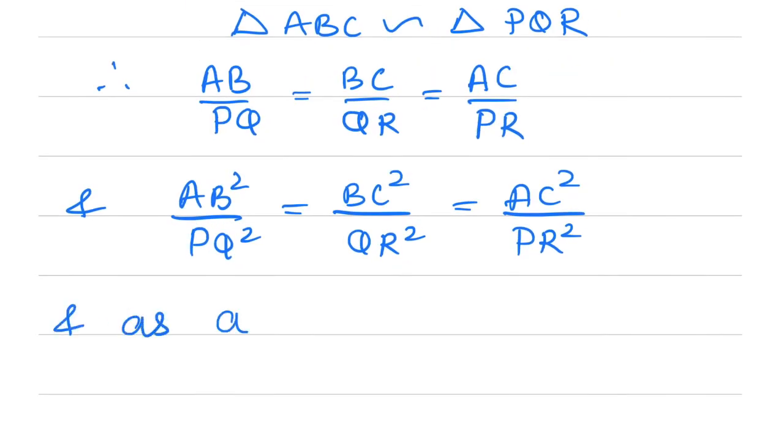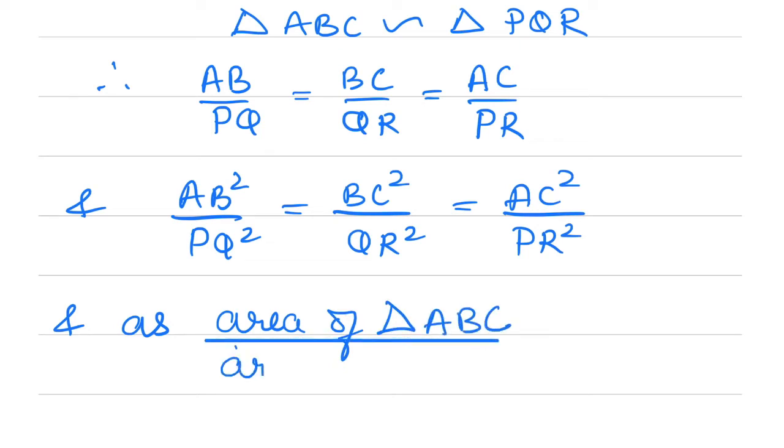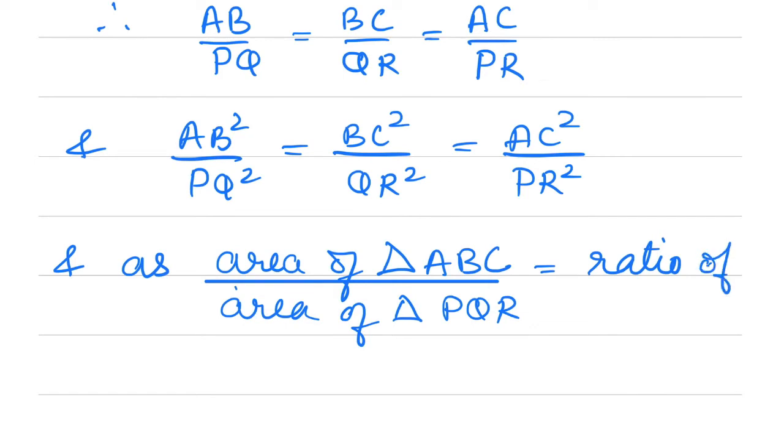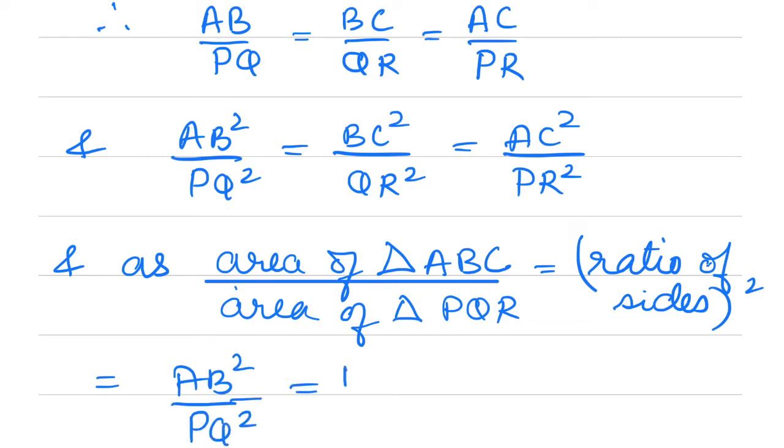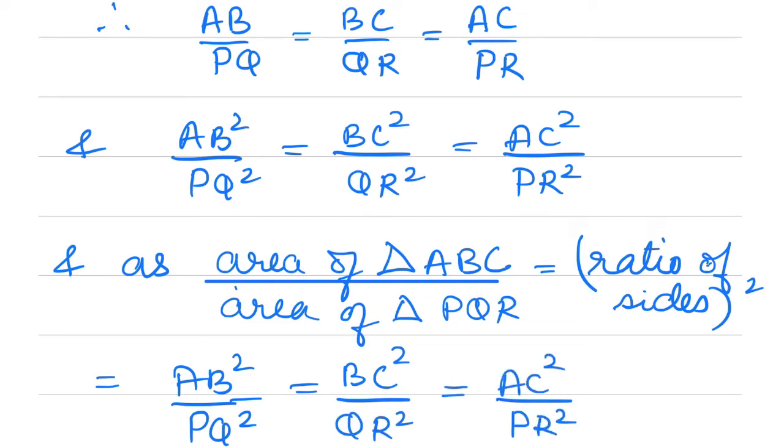And as area of triangle ABC by area of triangle PQR is equal to ratio of sides square, so this I can write down as AB square by PQ square is equal to BC square by QR square is equal to AC square by PR square.